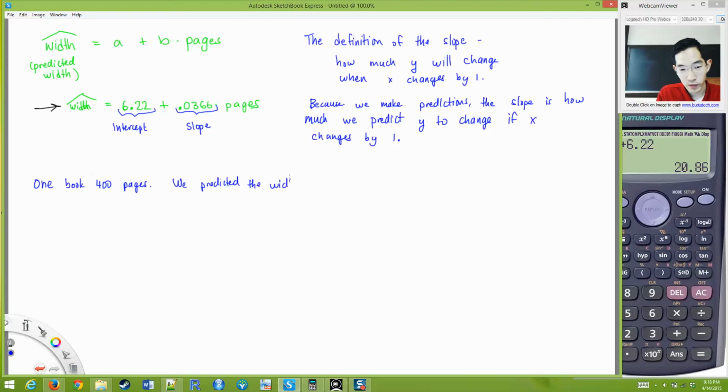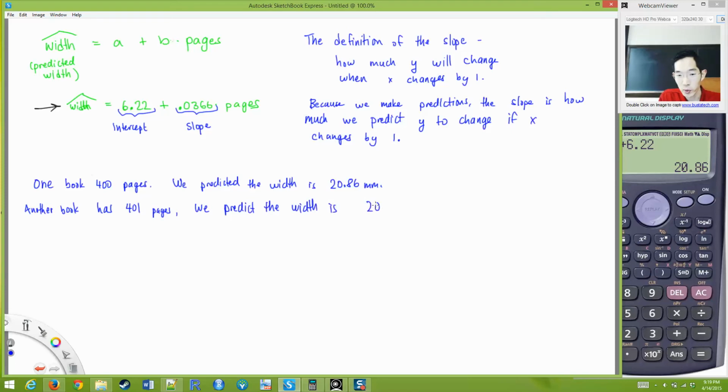The width is 20.86 millimeters thick, right? Okay, so if another book has 401 pages, so we increase the pages by 1, we predict the width will be what? Width is 20.86 plus 0.0366.